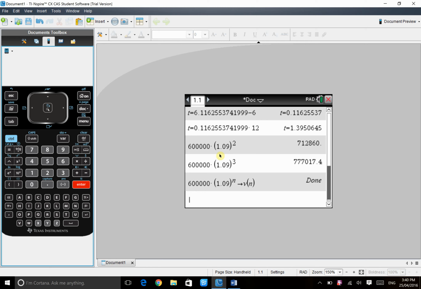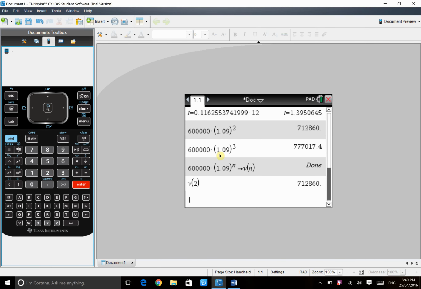Let's try V2. Okay, V bracket 2, Enter. Okay, see, we have the same value here, which means I define this function, I sub n equals 2, find my V values. So now I can easily find values here. So let's try V5.